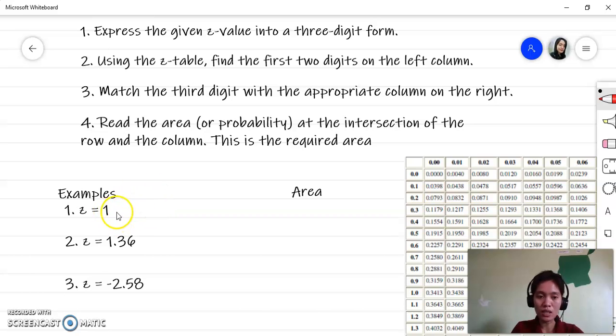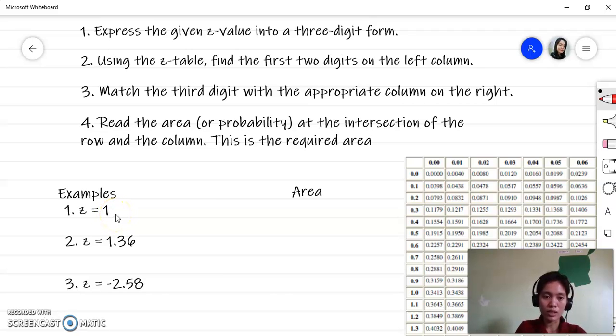The given here is the whole number 1, so I cannot see other numbers, but that means it has zeros on the right side after the decimal point.